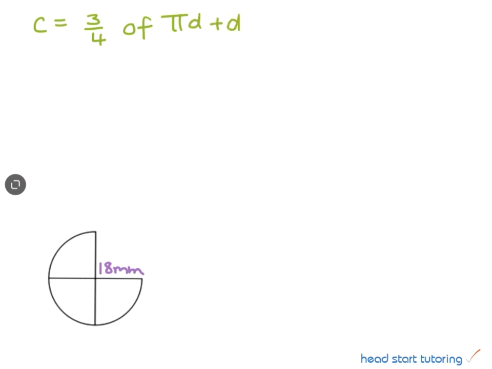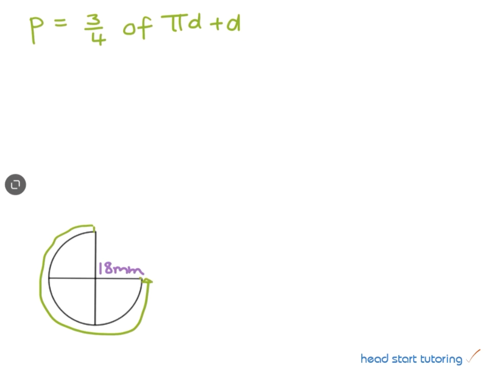When we are working with 3/4 of a circle and we want to find the circumference, or rather the perimeter, of this 3/4 of a circle, we need to work out what 3/4 of the full circumference of the circle would be, and that would give us from this point here all the way around to that point there.